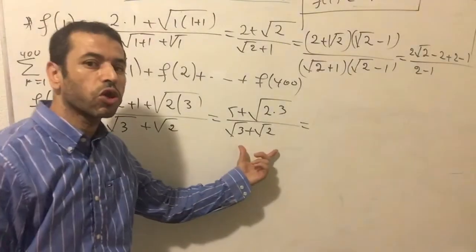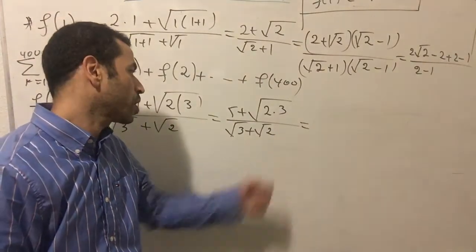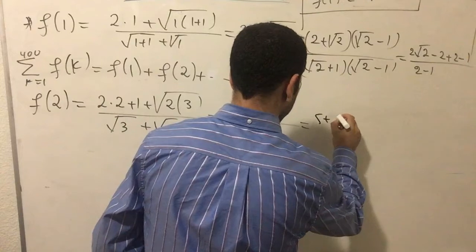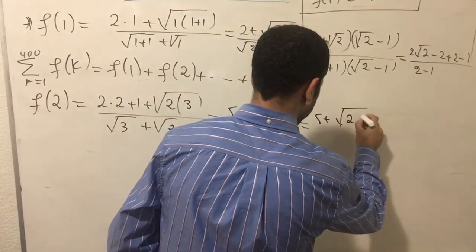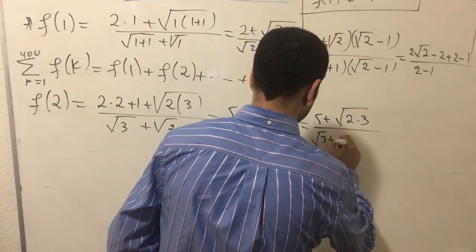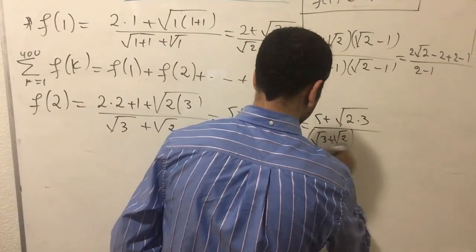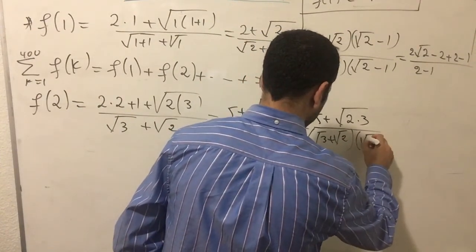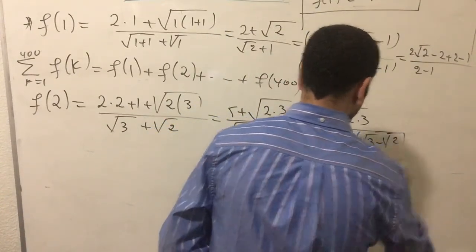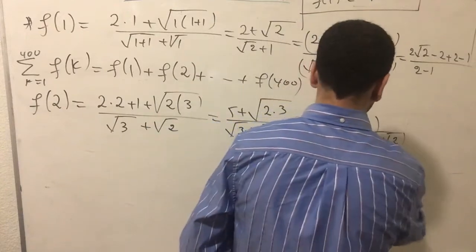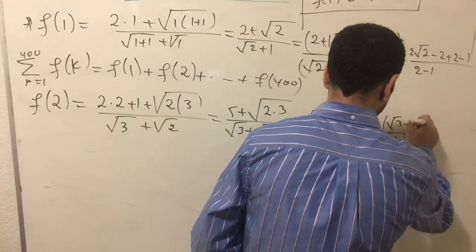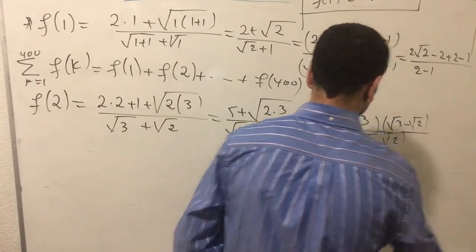Now I'm going to rationalize this one by multiplying numerator and denominator by the conjugate, square root of 3 minus square root of 2, okay?